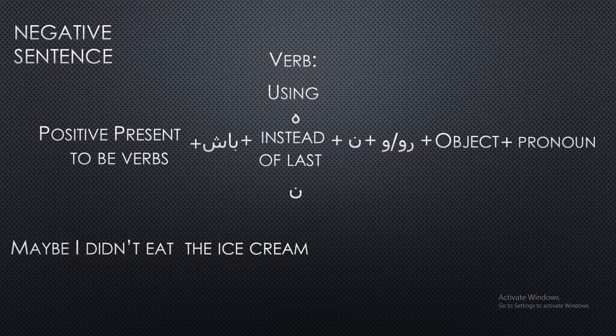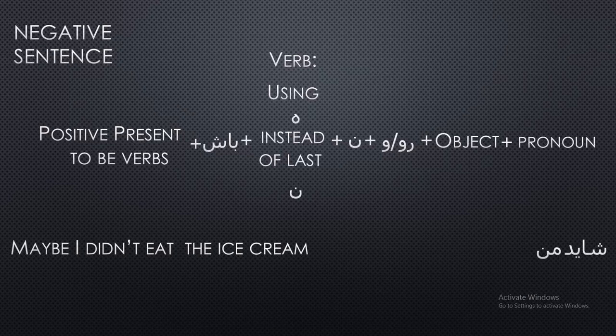For example, if we want to say maybe I didn't eat the ice cream, here we use I, which means man, at first. We use maybe, which means shayad, before our sentence too, and we use the pronoun at first, which is man. After that, the object.